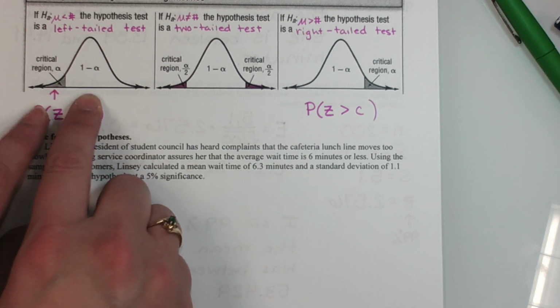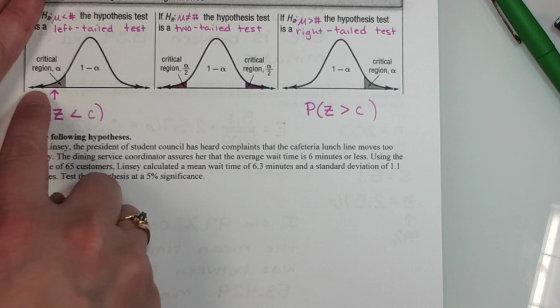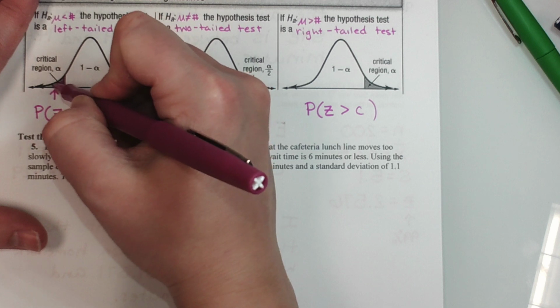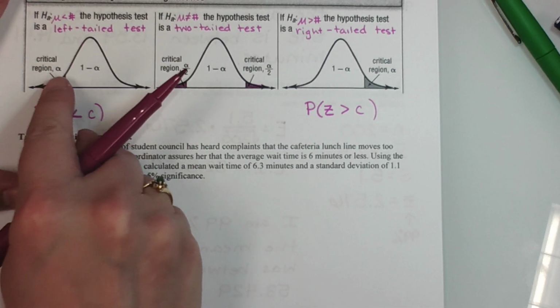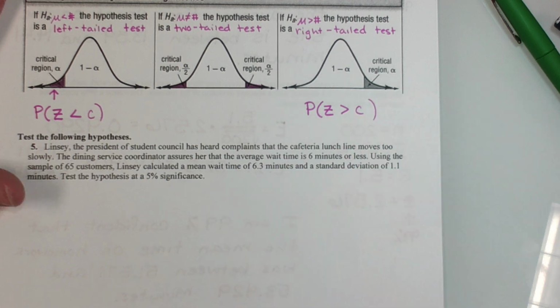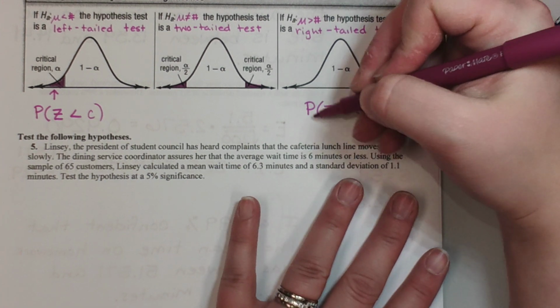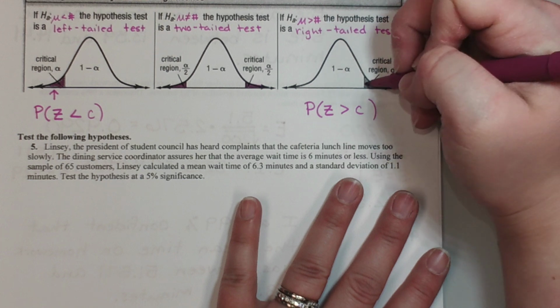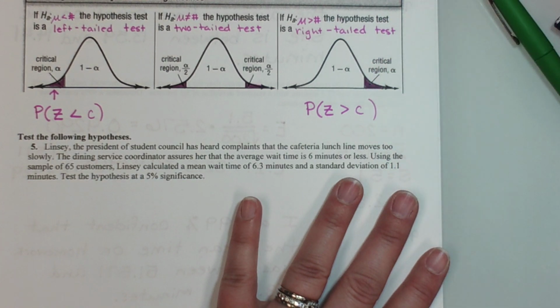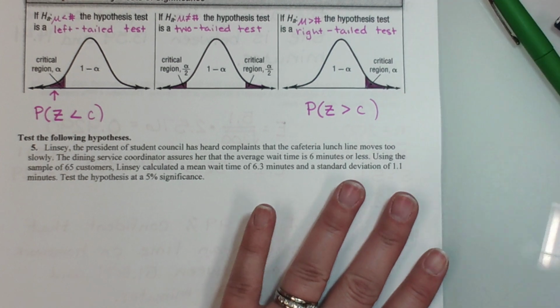In a left-tailed test, that means you're showing that it fits somewhere over here, where this is the bottom 10% of the data. In a right-tailed test, you're also trying to show that the probability is less than that significance level, but in this case, you're showing that the number is bigger than what it should be. And so this is the top 10%, if the significance level is 10% of the data.